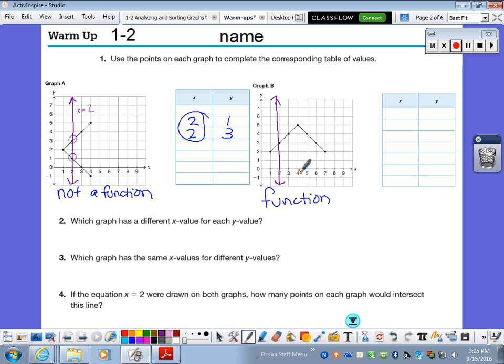As opposed to over here, where the x value of 2 was only at the y value of 3. If I follow this vertical line, I don't touch this graph at any other spot. So that is a function. That's the difference. It's only the vertical line test. You don't have to worry about horizontal.